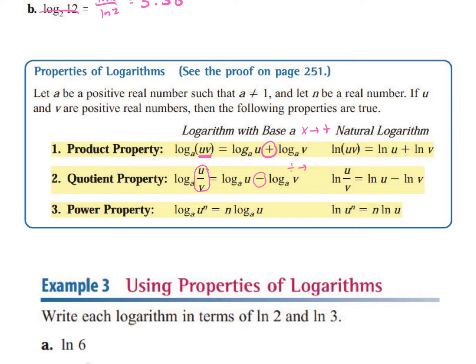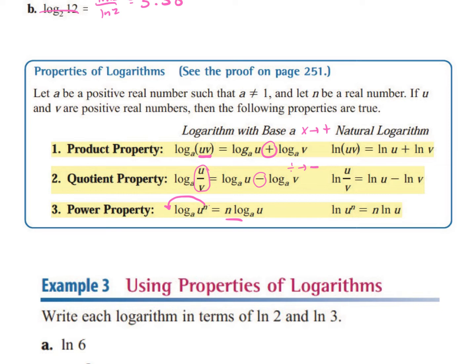So division goes with subtraction. And then if we have a base raised to an exponent, any exponent, that exponent just goes to the front of the log. So whatever exponent we have, we can move it in front of the log, just like it is here. So these are our 3 properties: the product property, quotient property, and power property.